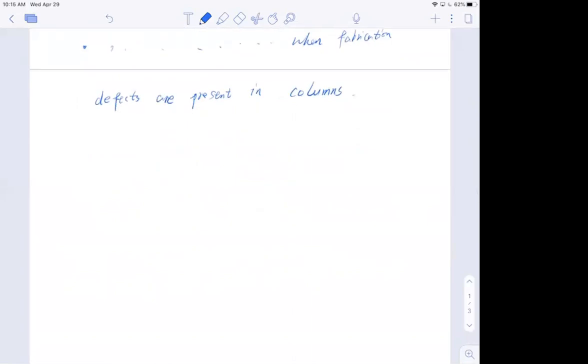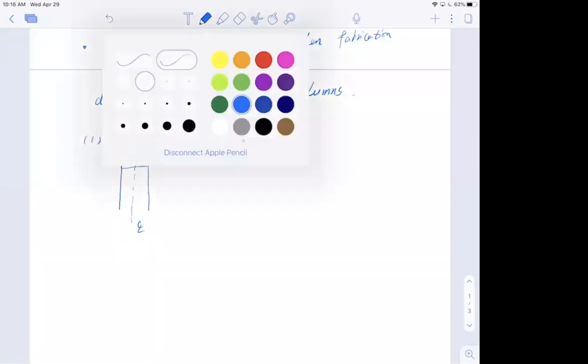Why? For example, I have a column. So scenario one: it happened that my beam sitting on top of the column is not centered. This is the loading pad. This is my column. If this is the central axis of the column, I'm gonna use my red.